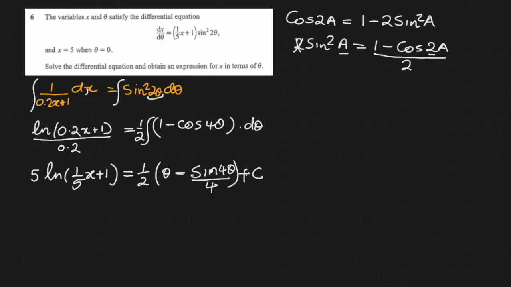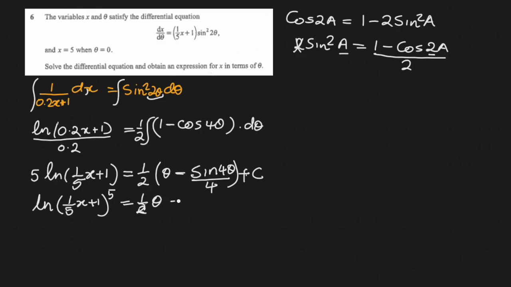So half multiplies with both of them because there was a bracket around it, and c I wrote outside. Okay. So let me write here natural log of 1 over 5x plus 1 to the power 5. I can make this coefficient a power, and then I'll separate this. This becomes half times theta, which is half theta.